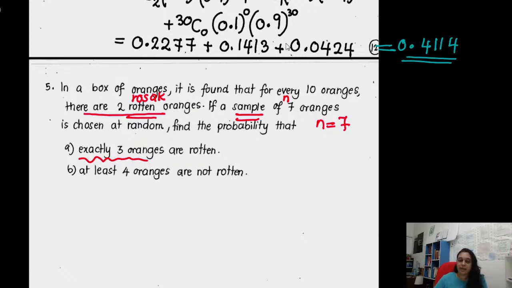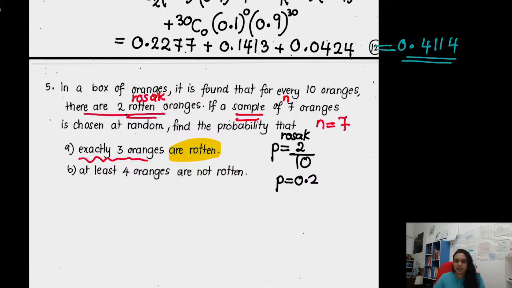Find the probability exactly 3 rosak. Okay. Now your question is asking for rosak, isn't it? So you kenalah cari P. P kita kena yang rosak. You must write for the rosak one, the rotten one. Rotten is 2, right? 2 out of how many? Out of 10. Okay, so you can write your P is 0.2 also can. You want to write pecahan also can, fraction also can.